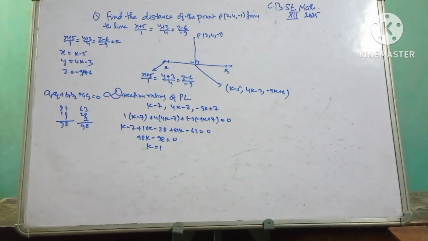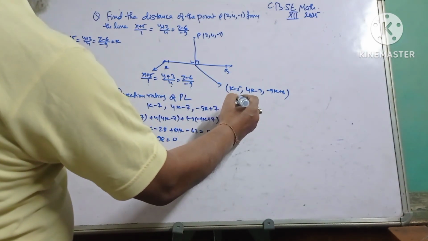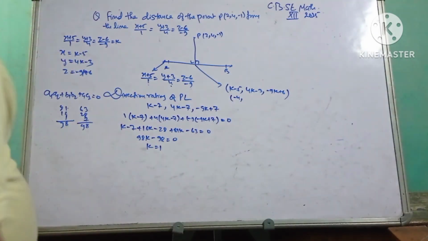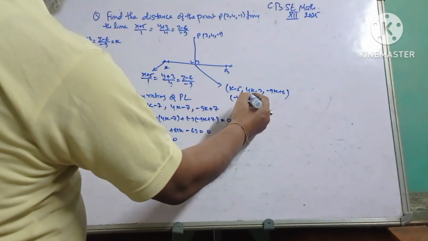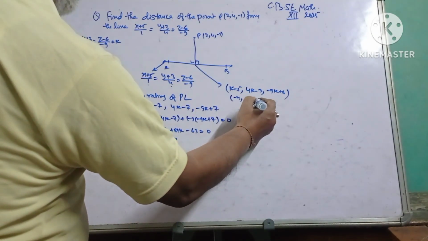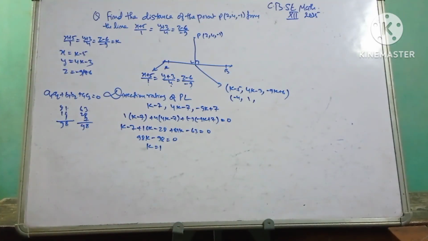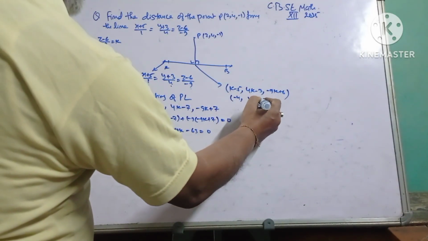So when your value of k is 1, the coordinates will be minus 4, 4 minus 3 is 1, minus 9 plus 6 is minus 3.